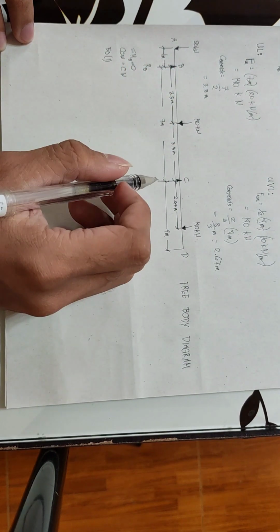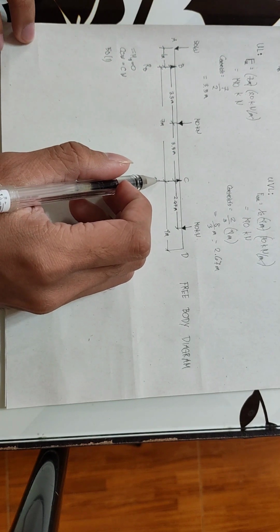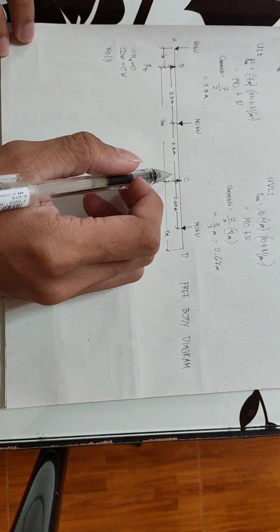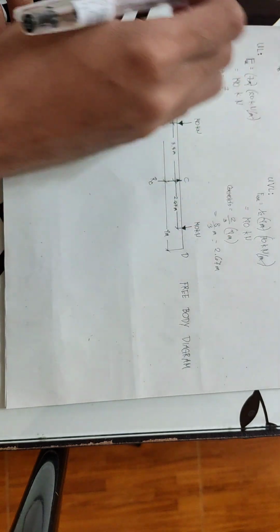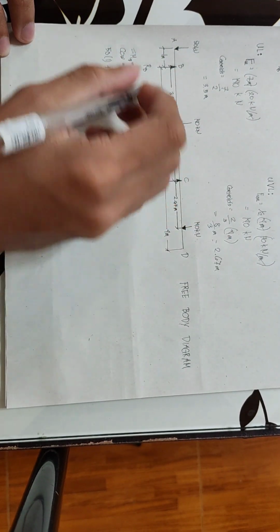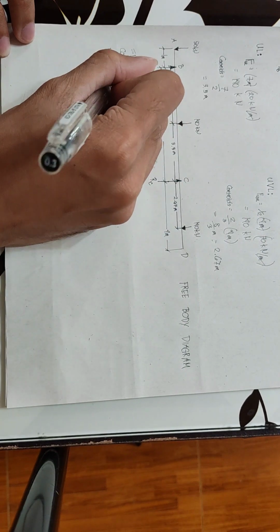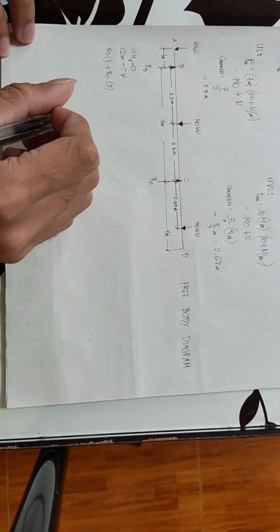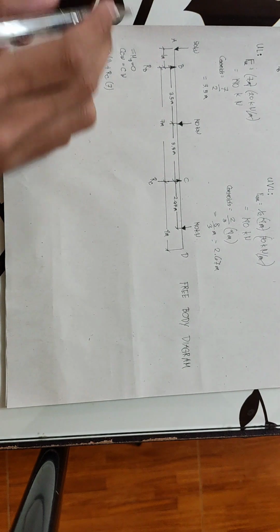And also this force RC has a counterclockwise rotation, so plus RC times a distance of 7 meters. So that's it for the counterclockwise.